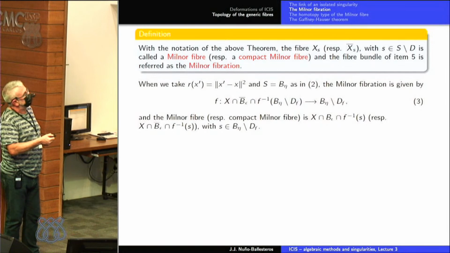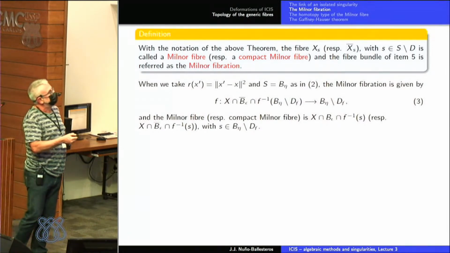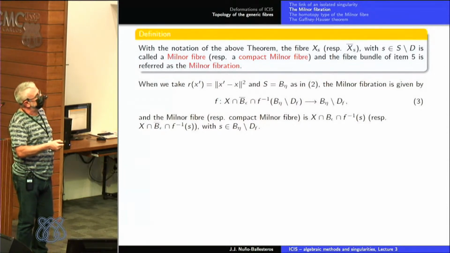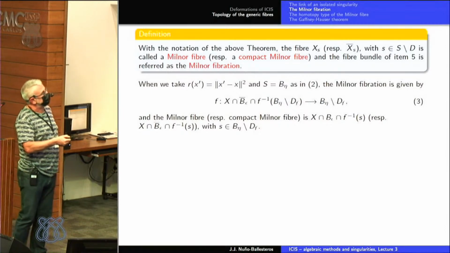Usually, when you take the control function as the distance square function, and we take the open ball as the neighborhood S, then this Milnor fibration is given in this way. And the Milnor fiber is the intersection of X with the open ball intersection with the inverse image of S, where S is a point which is not in the discriminant.